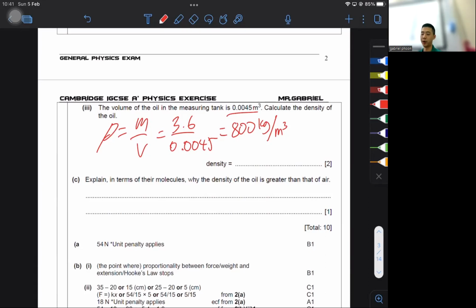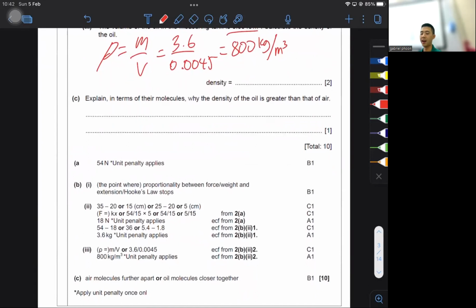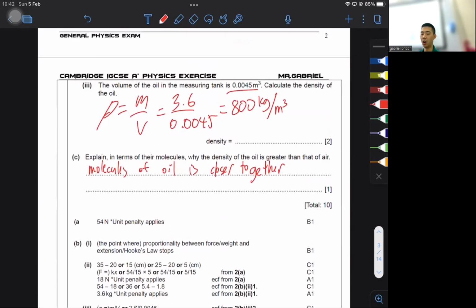However way you want to structure it, you could literally say anything, but as long as you say that the molecules are closer together in the oil, then that's why it's higher density, guys. Or you could say molecules of the air is further apart. Literally anything along the lines is definitely acceptable.